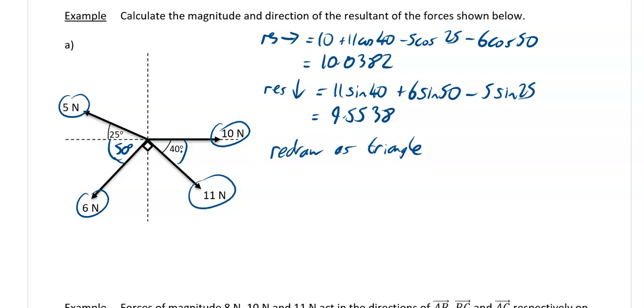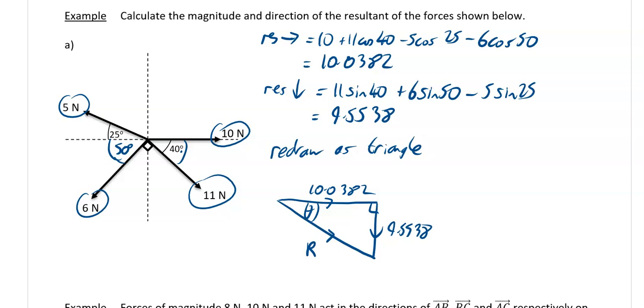In this triangle, I like to start with a horizontal. I had 10.0382 going horizontally, then going vertically downwards, I had 9.5538. And that's my angle, and I'll call this R. This is my overall resultant.